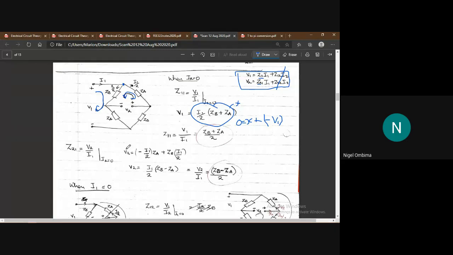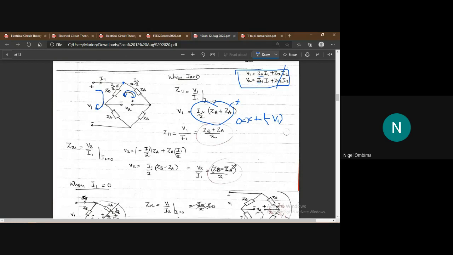So V2 now, this V2 is equals to the total sum of voltage drops inside this loop, which is because we are going against I1 over 2, itakuwa negative I1 over 2 times ZA, but ikikuja hivi inaenda along with I1 over 2, which is I1 over 2 times ZB. So kileta hii hapa down inakuja to I1 over 2, which is ZB minus ZA. So V2 over V1 becomes ZB minus ZA over 2.